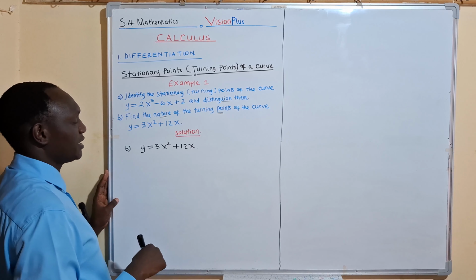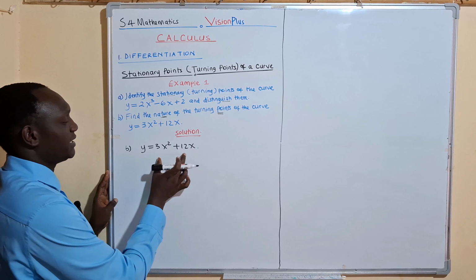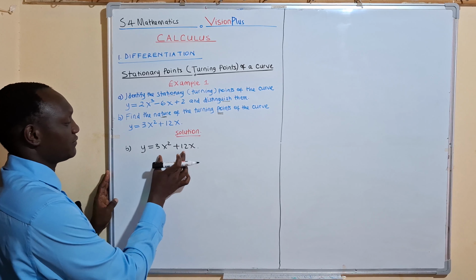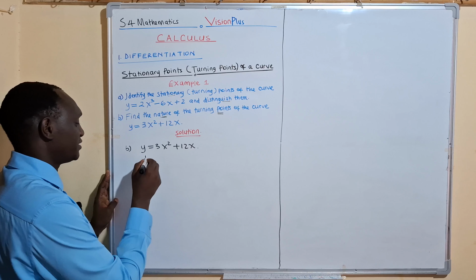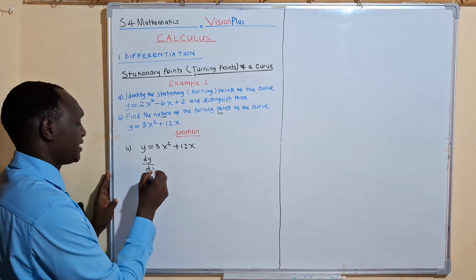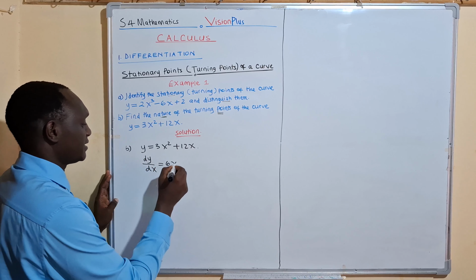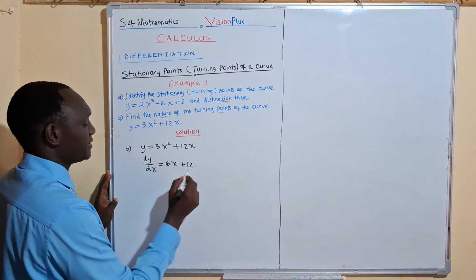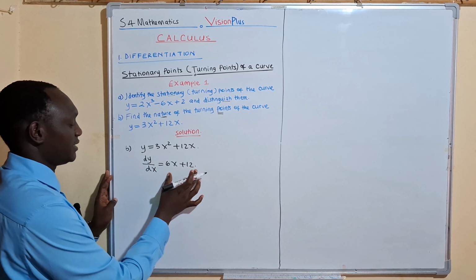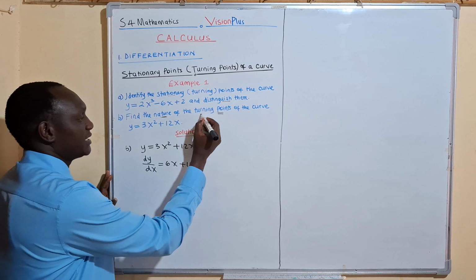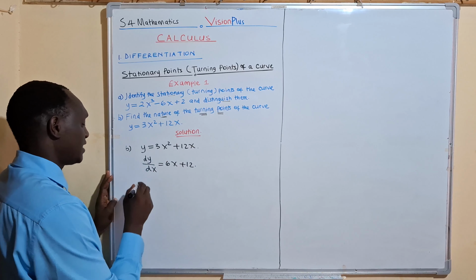Now, for us to get the turning points, we need the gradient function of the curve. That means we differentiate the curve. So dy/dx becomes 6x plus 12. This is the gradient function of the curve. But we are looking at the turning point. What do we know at the turning point?